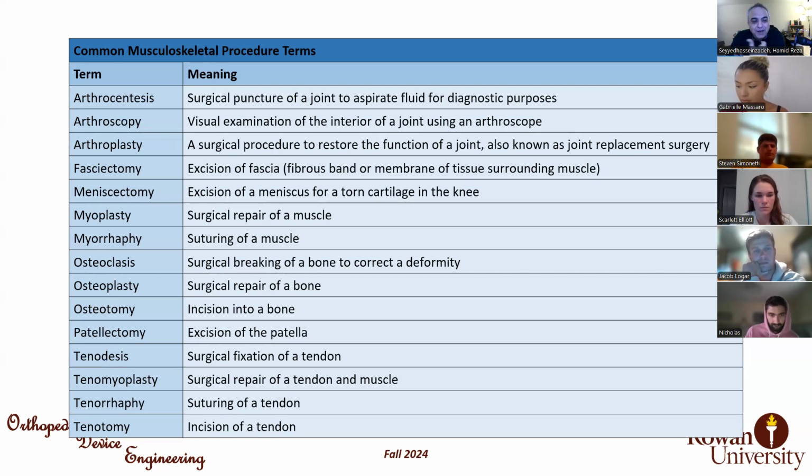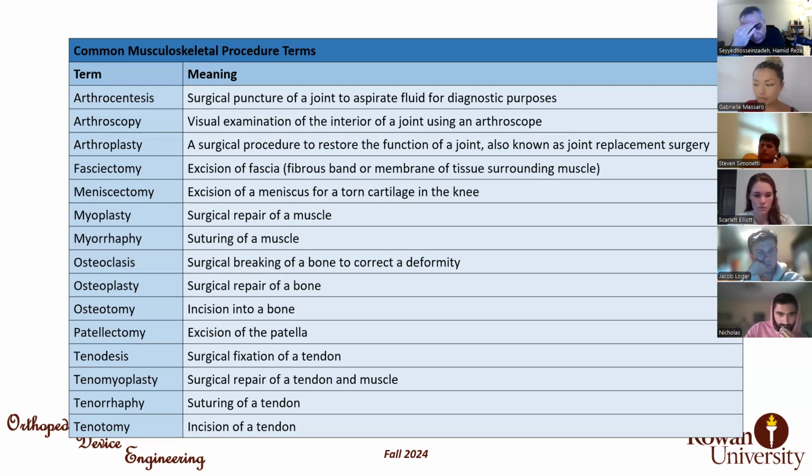Tenomyoplasty, plasty means repair. Myo means muscle, teno means tendon. So it means repairing a muscle and its tendon. Tenorrhaphy, rhaphy means suturing something.